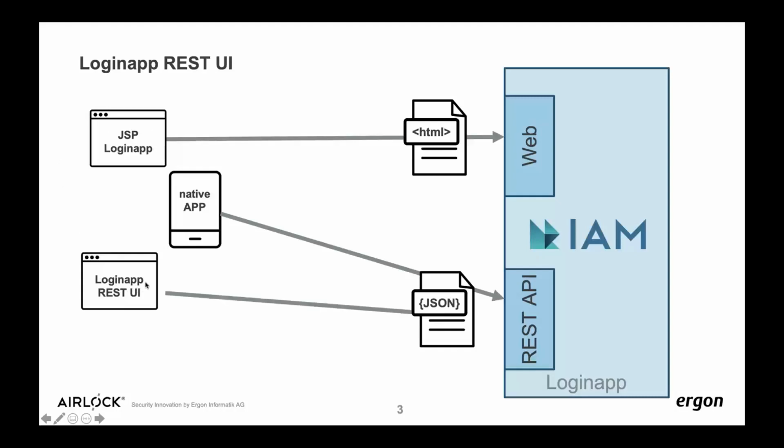This new UI is also using the REST API interface, which brings a lot of advantages, which we see in a moment. The new UI also can be used with a hybrid app directly on an app, which multiple Airlock customers are doing at the moment already. So this gives just another option with other advantages.